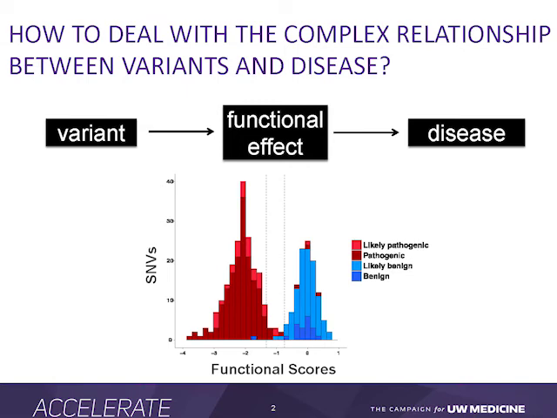As Leah said, you draw some lines and you have a classifier. Any variant that ends up with a functional score on this side of the line, we think is pathogenic, and vice versa for benign. So this is an example where there's a very clean relationship between a variant's functional effect and disease risk. This is what we hope for.